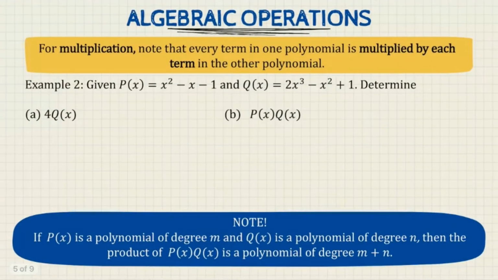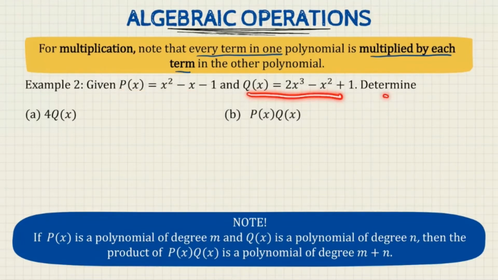Now let's see what happens if we multiply. So for multiplication, note that every term in the polynomial will be multiplied by each term. This means we expand one by one. So let's look at the question here. It gives us p(x) a quadratic, q(x) a cubic function.